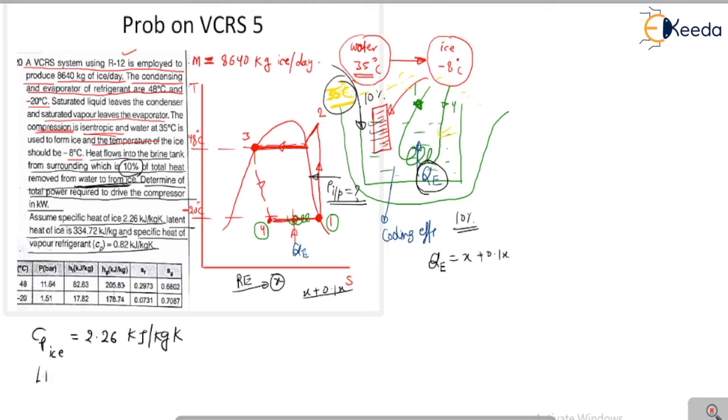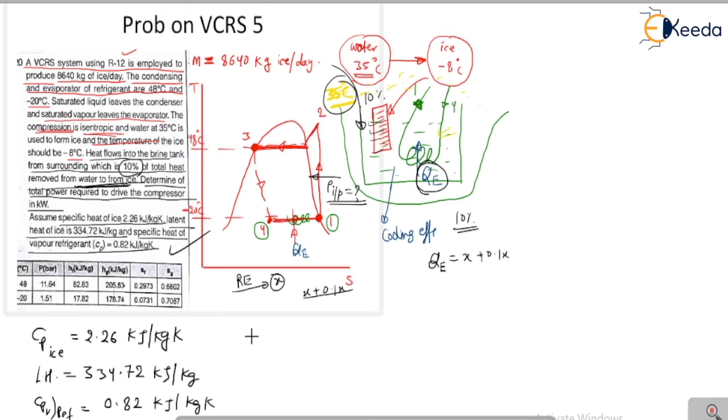Latent heat of ice is 334.72 kilojoule per kg. Cp of vapor for the refrigerant is 0.82 kilojoule per kg Kelvin. So these are the given values.